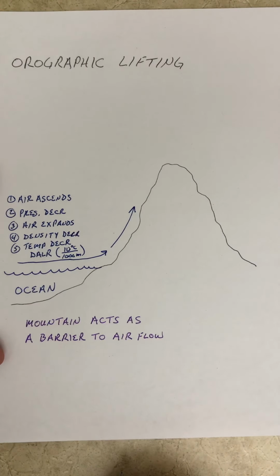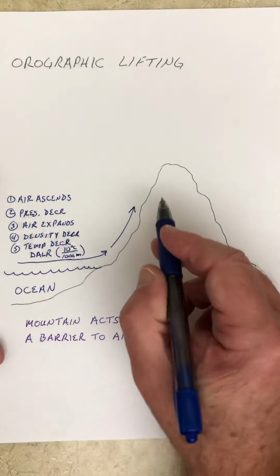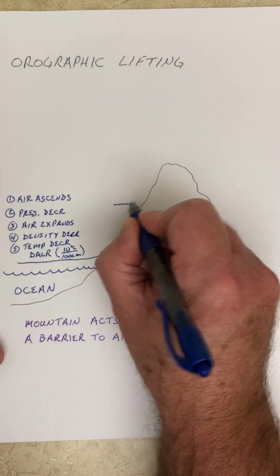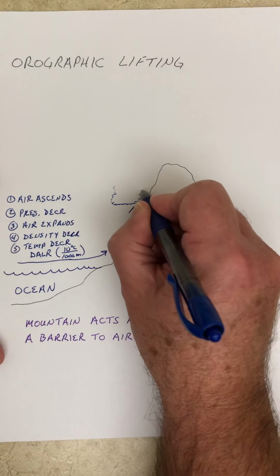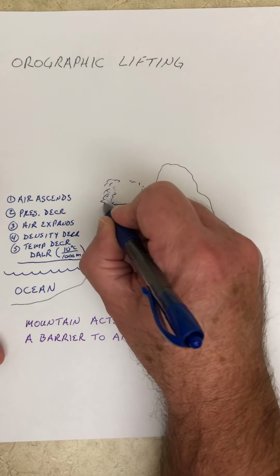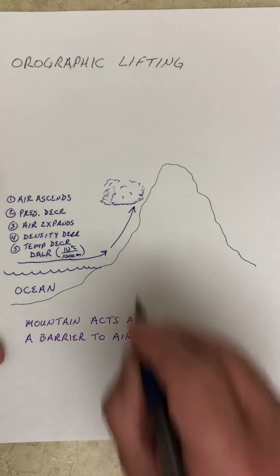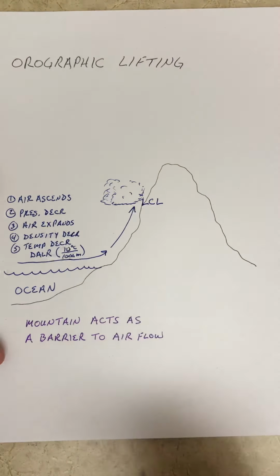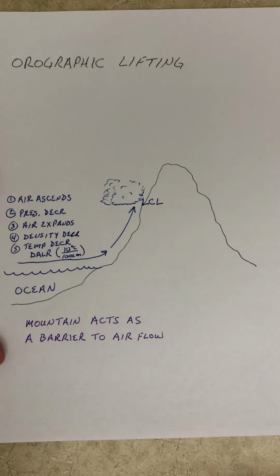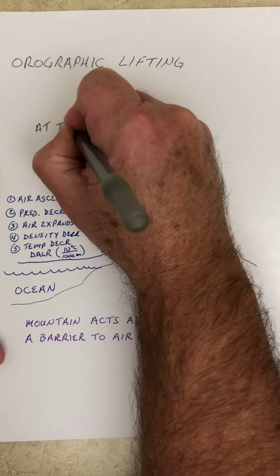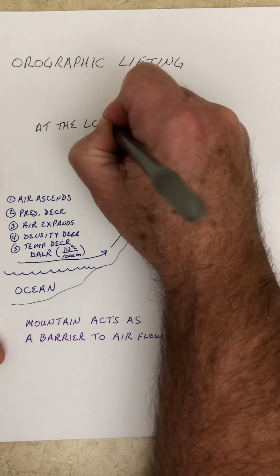Okay. Now, let's assume that at some point, as the air rises above the mountain, it reaches saturation. So we form a cloud base. And again, this is called the LCL. That's where the cloud base occurs. All right, and so as a reminder, at the LCL, all kinds of interesting things are going on.